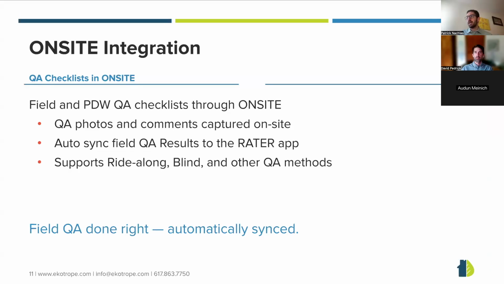Any photos you've taken during the QA can be automatically sent to the energy model. Also, if you're filling out the QA checklist while you're in the field, it will automatically reflect those entries back in Ekotrope, so you'll be ready to review and submit it to ResNet. And we support, whether it's ride along or blind, other QA methods.